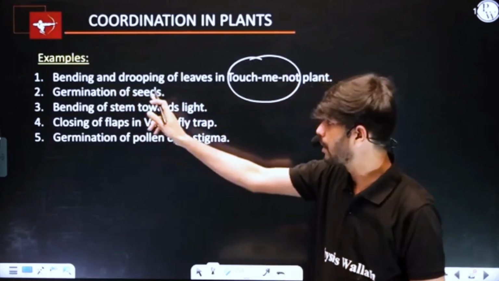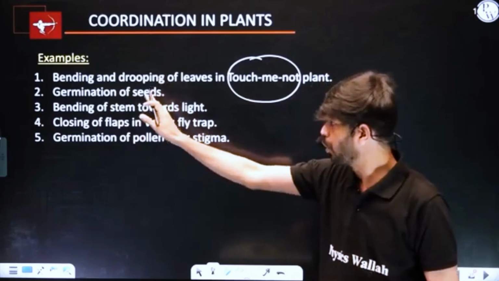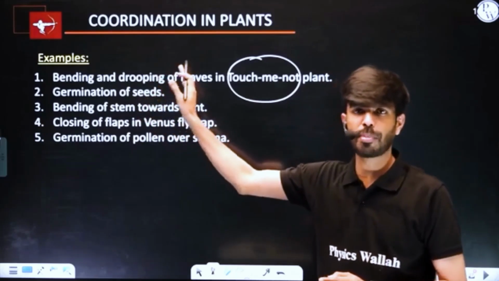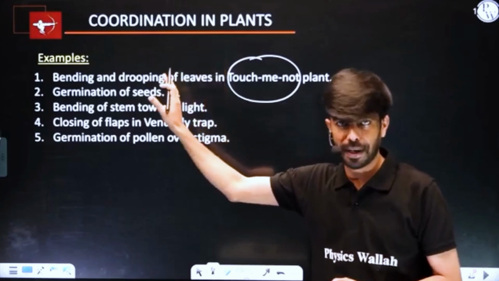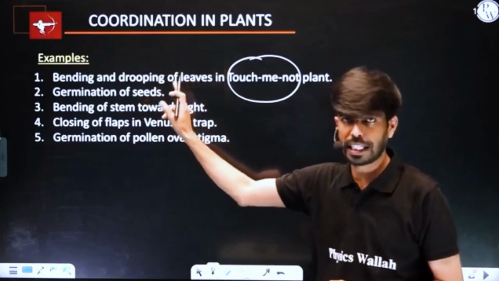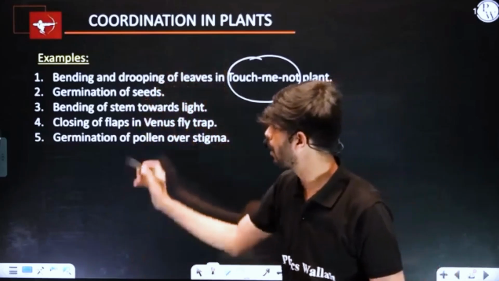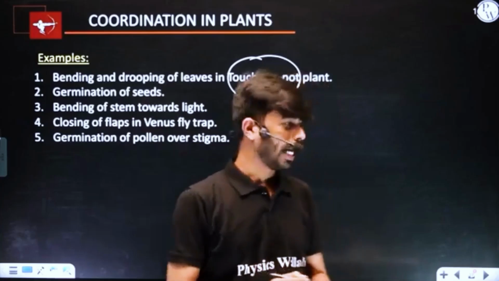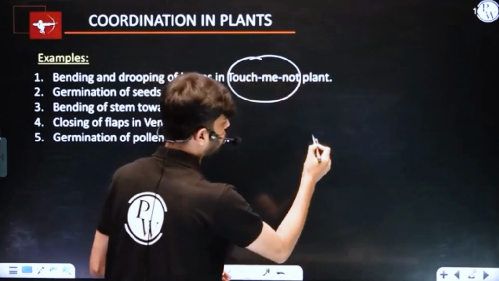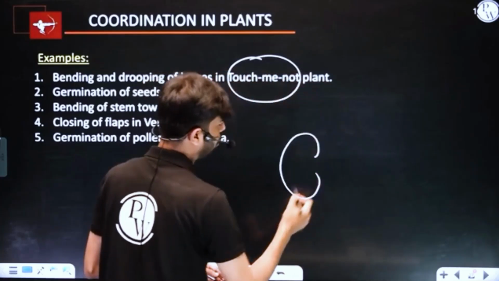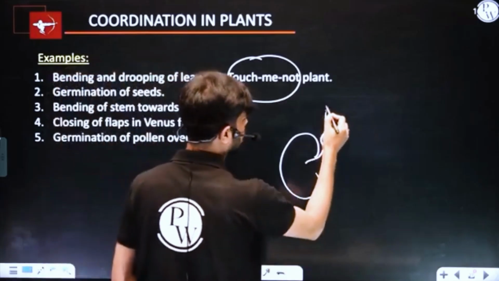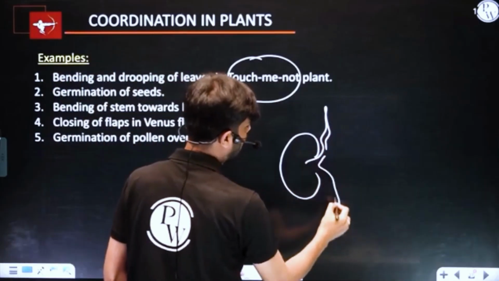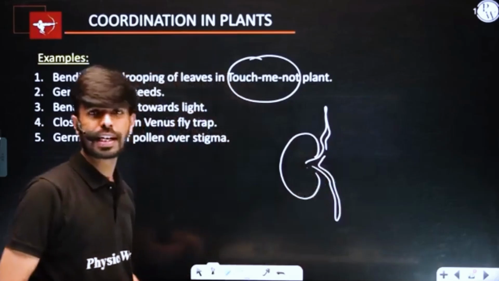So that is one example. Then I will ask you, what kind of movement are you observing here? Whether it is growth dependent or growth independent, we can discuss later. That is the first one. Second one, germination of seeds. As you all know, during germination, seeds start to produce the plumule as well as the radicle.